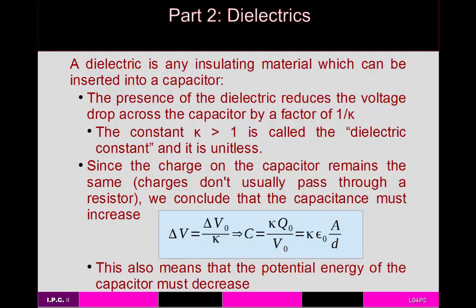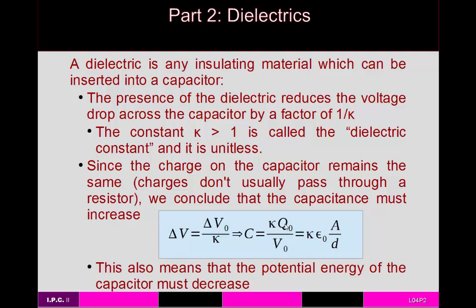The voltage drop across the capacitor is reduced by a factor of 1 over kappa. What this means is that the capacitance of the capacitor is given by kappa times whatever the charge over voltage would have been without the dielectric material.